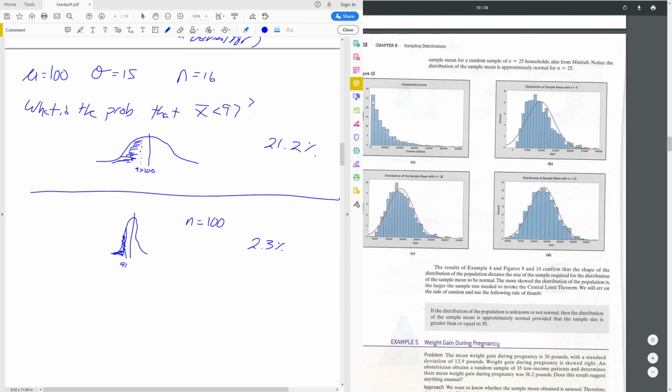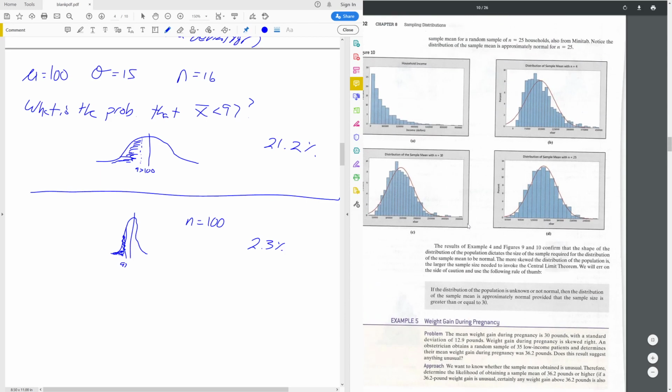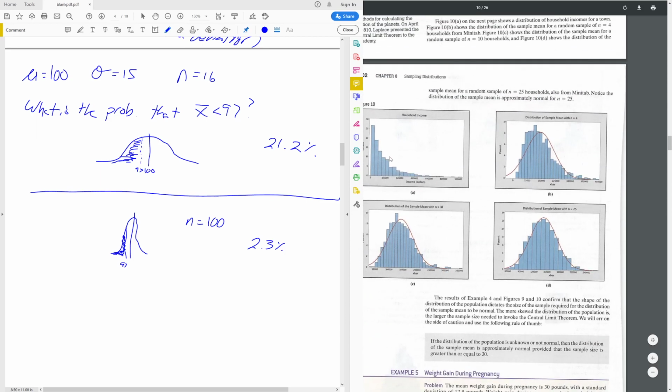It can be skewed to the right, but as long as we're taking sample distributions, it's going to approach a normal distribution, right? So that's just showing the actual population distribution here. In A, it's definitely skewed to the right. And then in B, this is now the distribution of sample means with n equals 4, right? Just sampling 4 people, finding the averages, and putting them into a distribution.